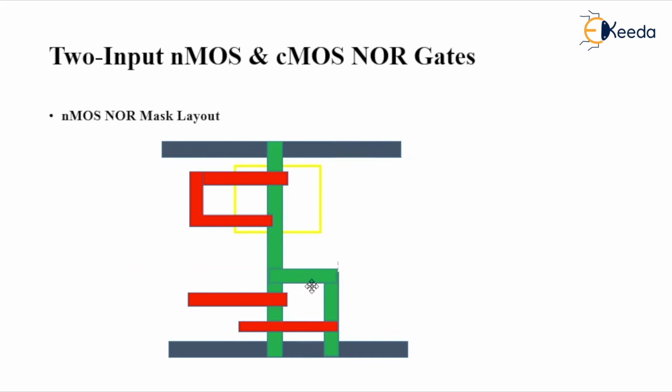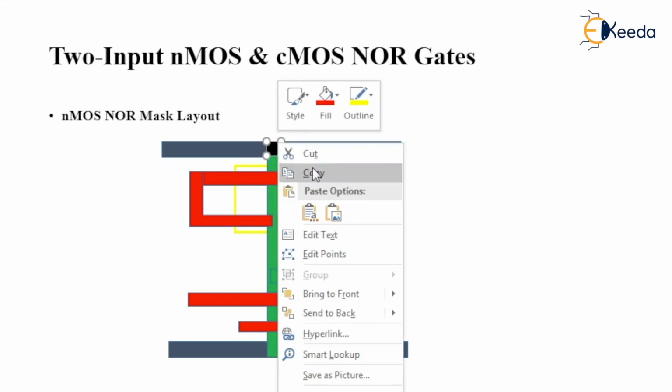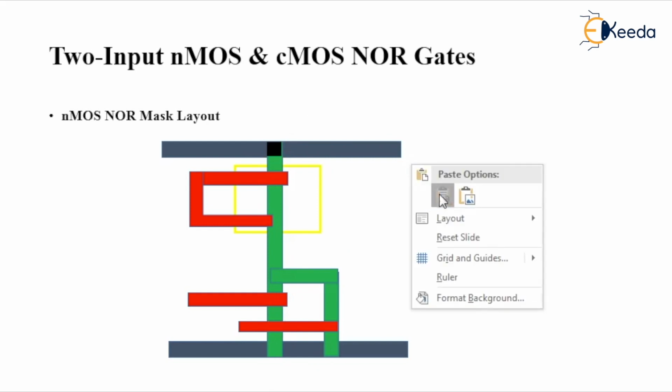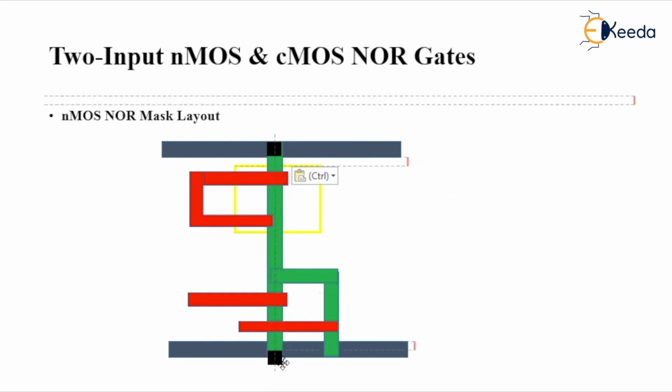Now we have to go with patterns. Sorry, contact cuts are missing here. So contact cuts should be represented with a black color box, filled black. So here contact is going to exist. Just copy, paste here, paste, paste here.